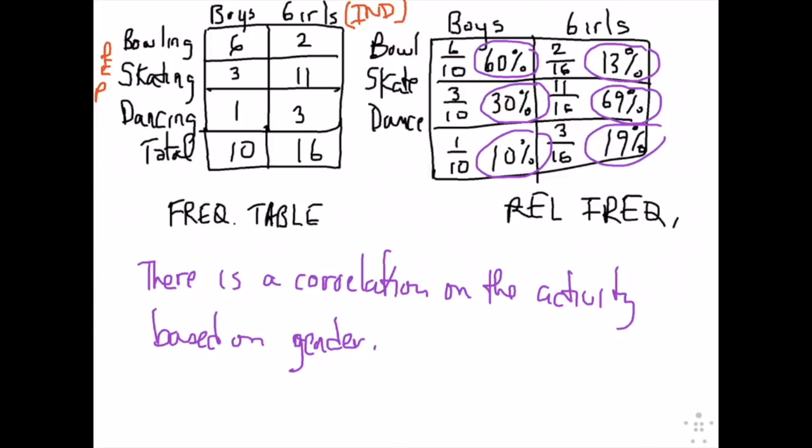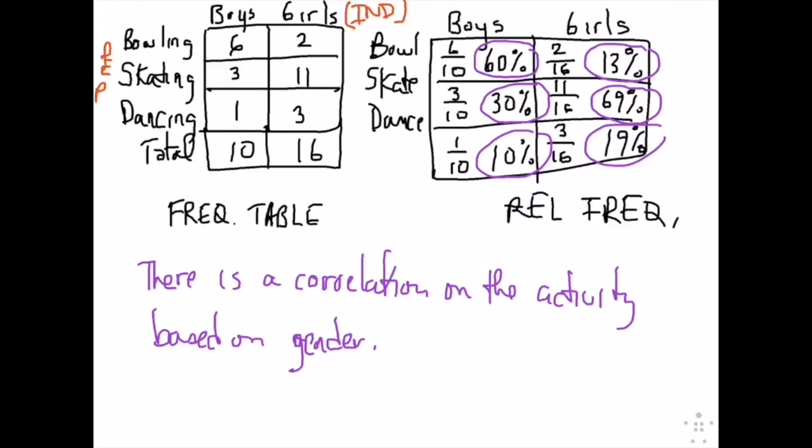Which means that the activities do depend on whether or not you're a boy or a girl, your interests, right? So I would say that this is probably what we would assume to happen. But we've actually proven it because the percentages, the relative frequencies, are drastically different.